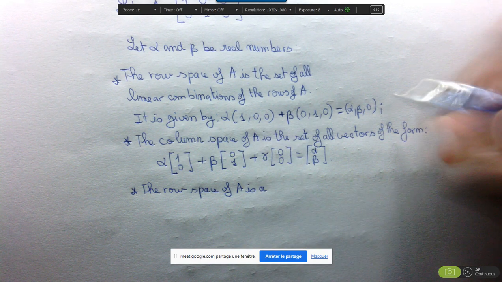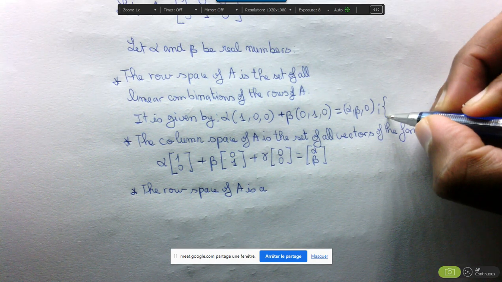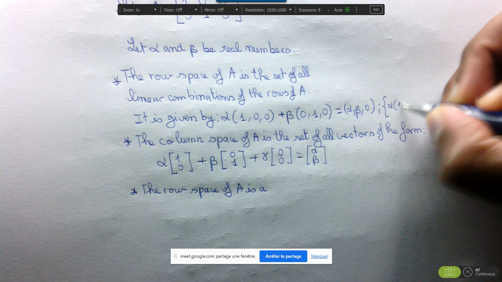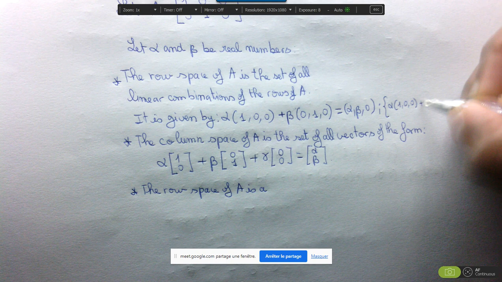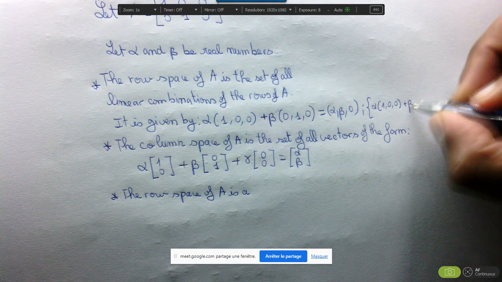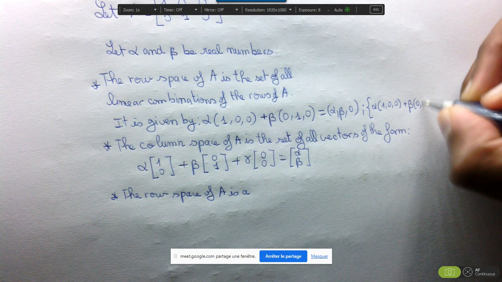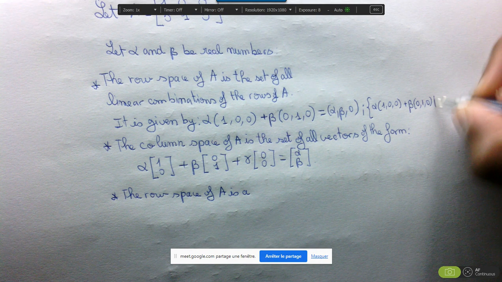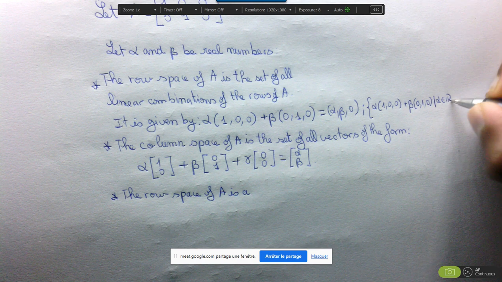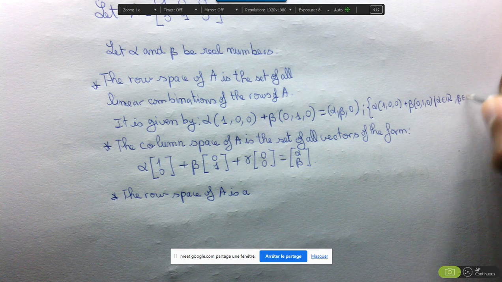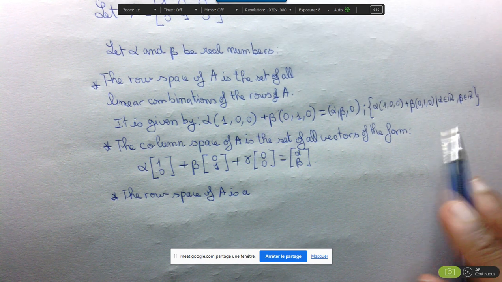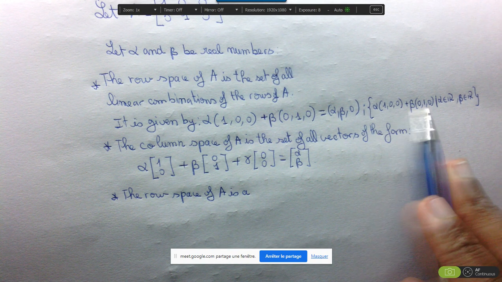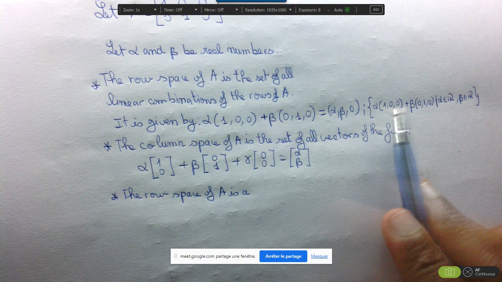In set notation, I have a brace: alpha times 1 0 0 plus beta times 0 1 0, such that alpha belongs to R and beta belongs to R. That is the set of all linear combinations of the rows of A.